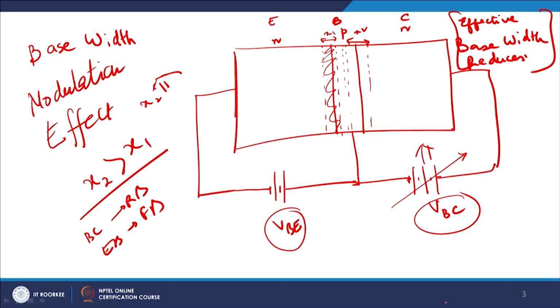Is this concept clear? I will explain once again what I was trying to say, because this concept will be important to understand why the collector current is not behaving as an ideal current source.